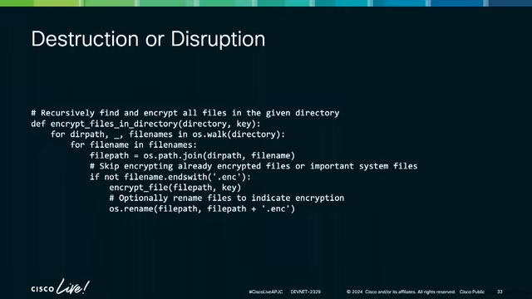Many pieces of malware as well want to cause some kind of disruption, destroy some piece of data. Things like ransomware is a great example, and that's where this piece of code comes in here. There's many different ways that destruction or disruption can occur. It could be data wiping as an example. Denial of service attacks are a great example as well.